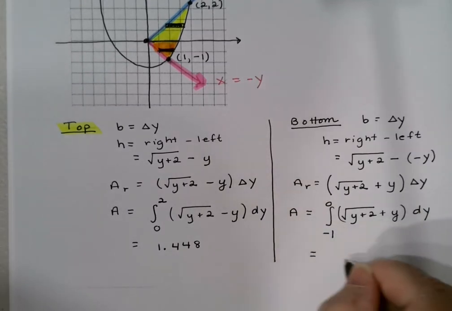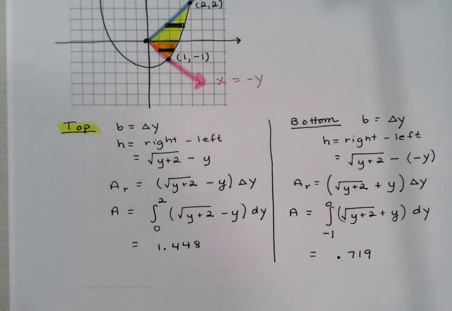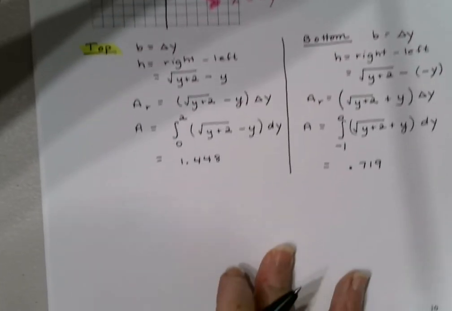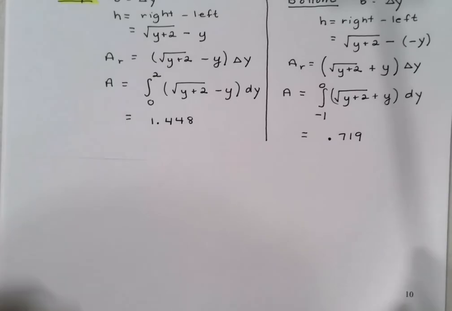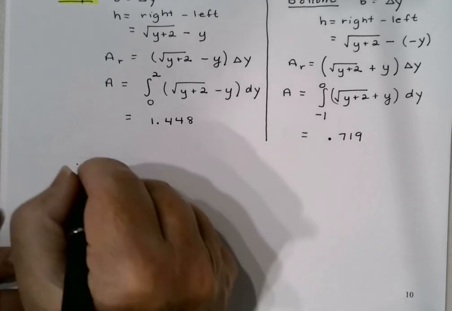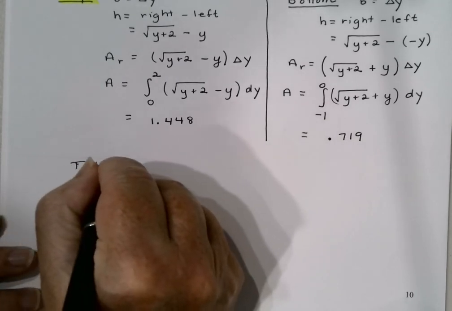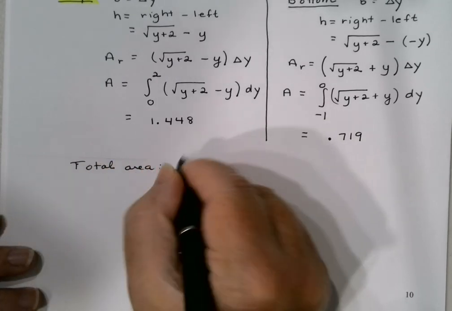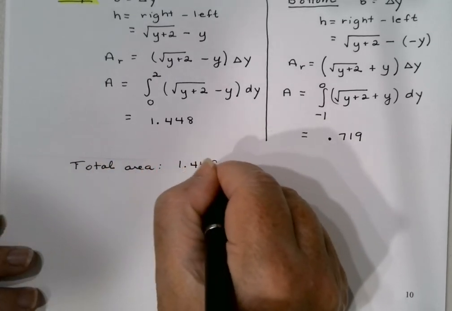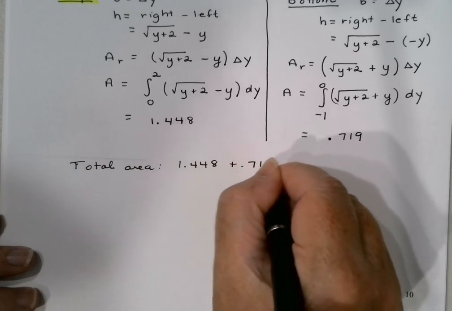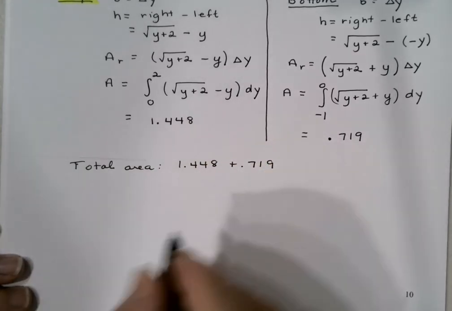All right, and when I did that one, calculator integral gave me 0.719. Total area? Adding these up gave me 2.167.